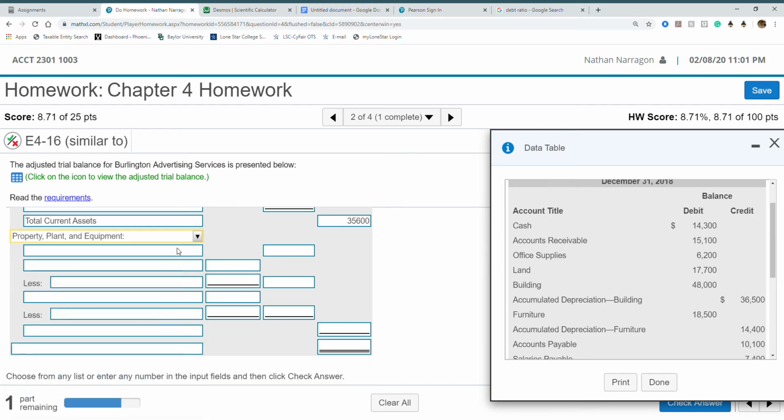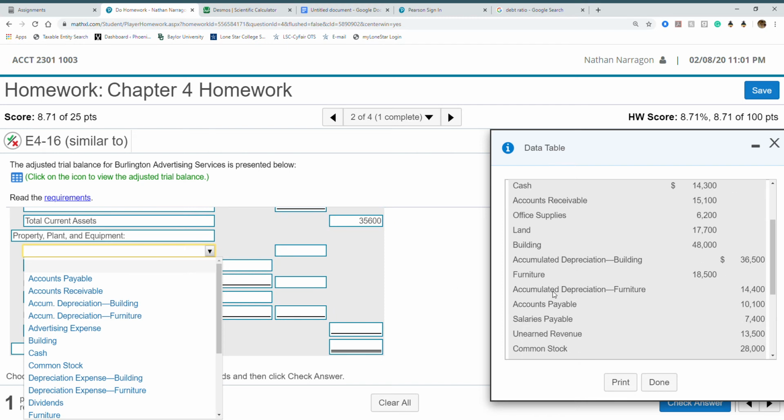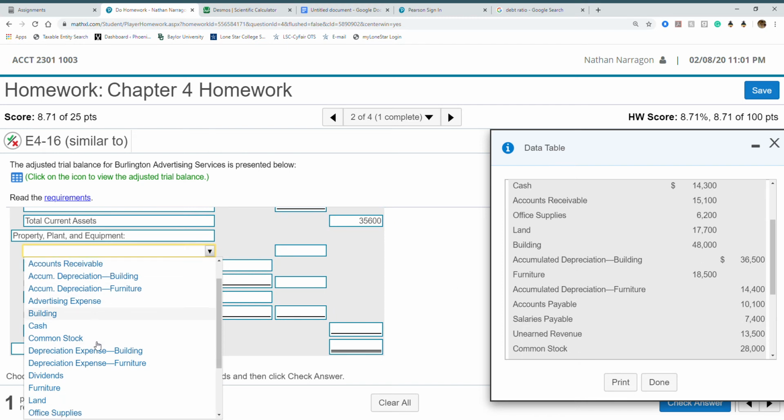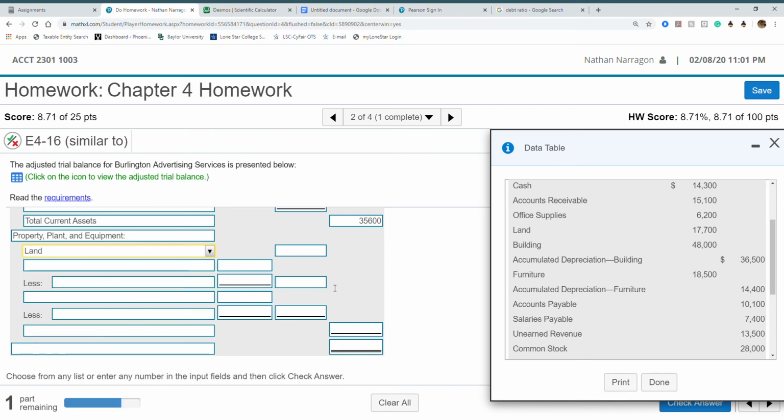So next is property, plant, and equipment. So again, we'll have land first. And land is 17,700. Reason why, again, if you look at these, less, but land does not have accumulated depreciation. It does not depreciate because it lasts forever.